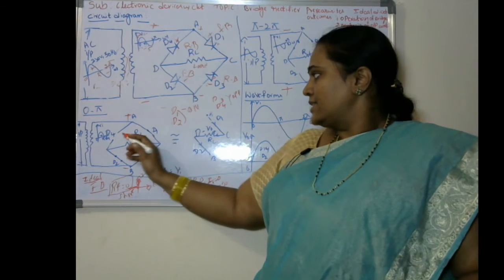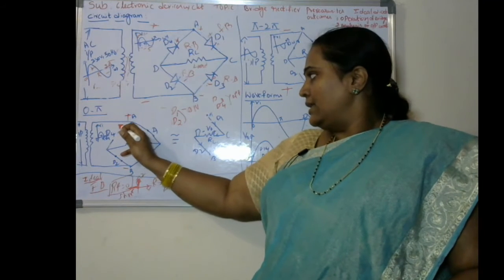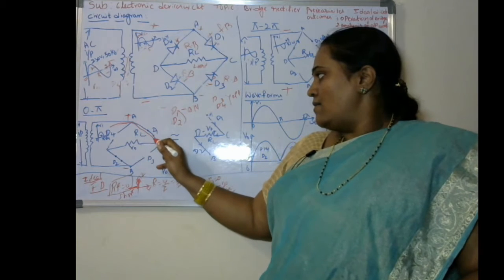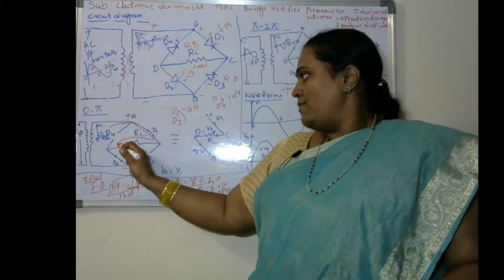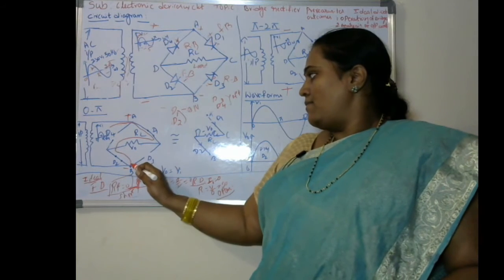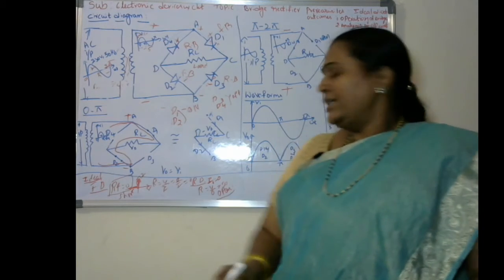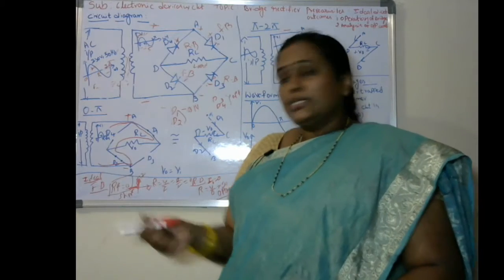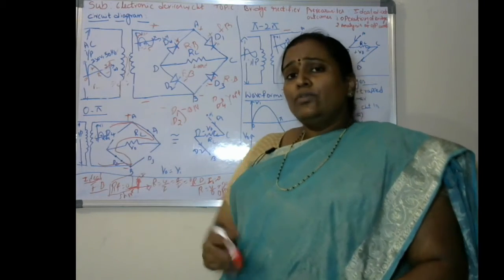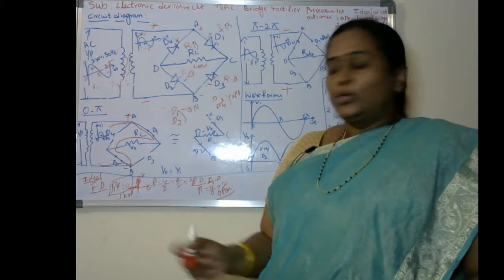If you observe, there exists a closed path, so the current can flow in this direction. So we can say that there exists an output voltage.